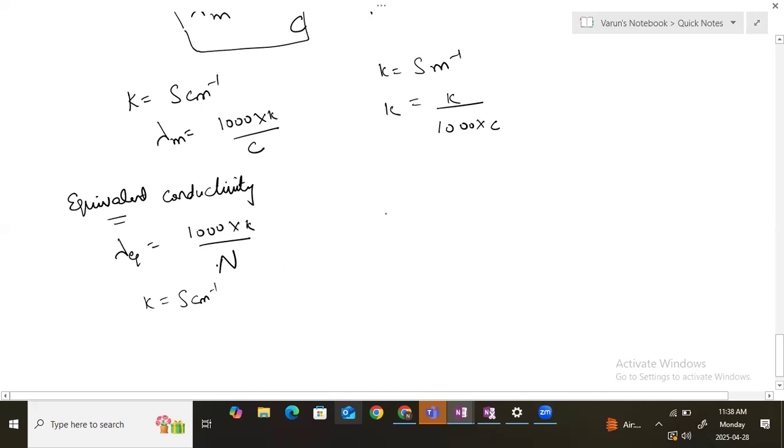When it is given in Siemens per meter, you will use kappa into 1000 by N. In place of concentration, meaning molarity, you have to use normality here.